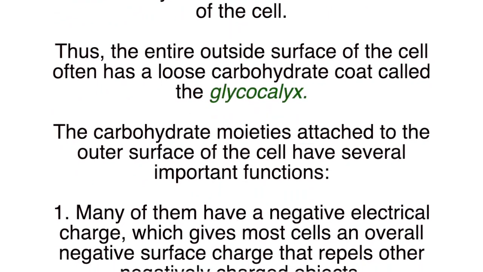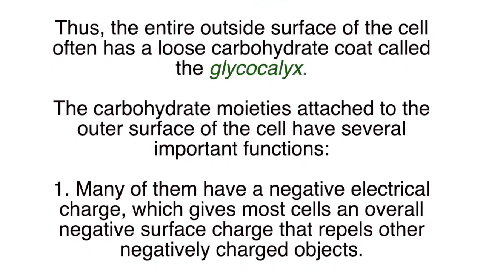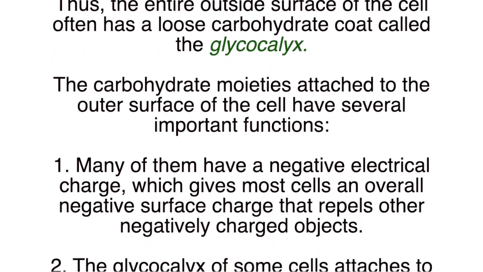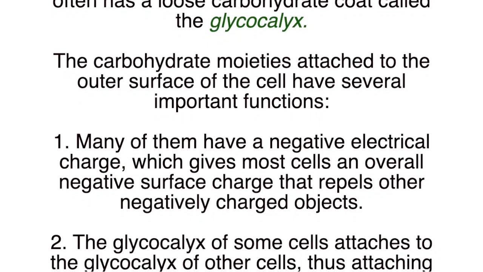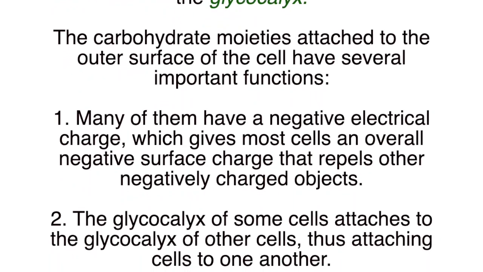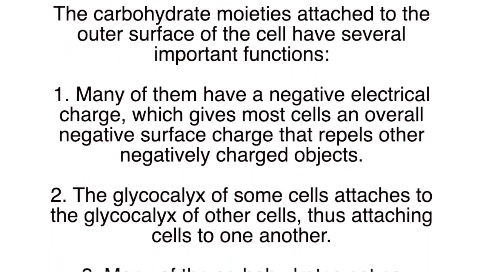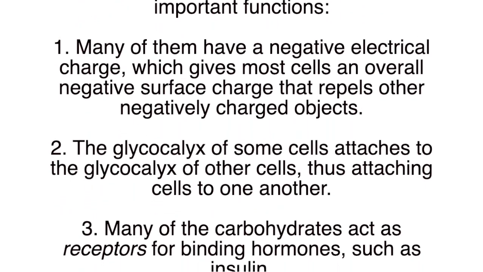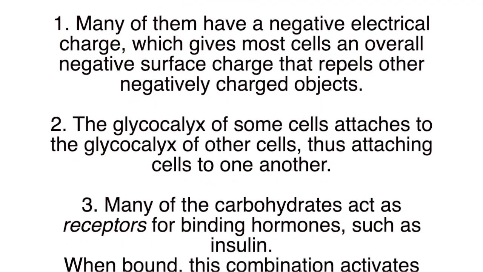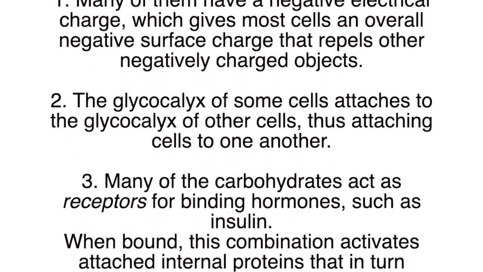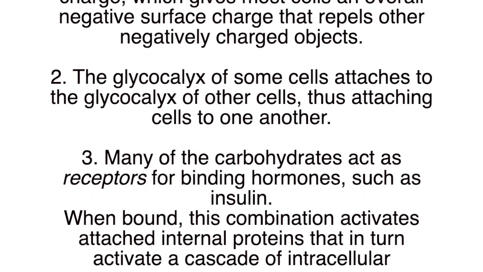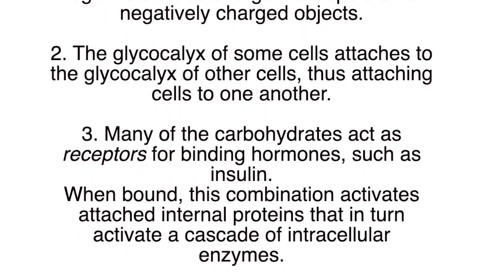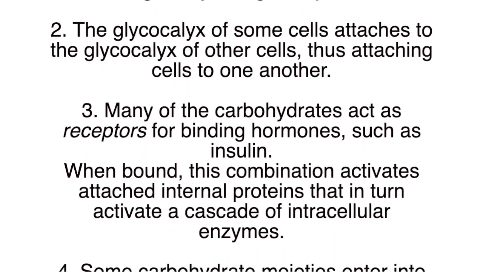The carbohydrate moieties attached to the outer surface of the cell have several important functions. One, many of them have a negative electrical charge, which gives most cells an overall negative surface charge that repels other negatively charged objects. Two, the glycocalyx of some cells attaches to the glycocalyx of other cells, thus attaching cells to one another.